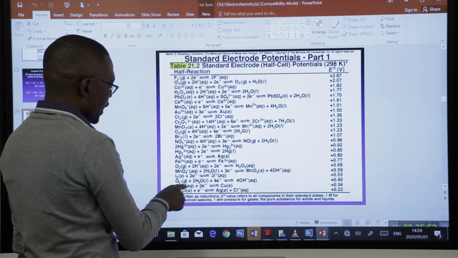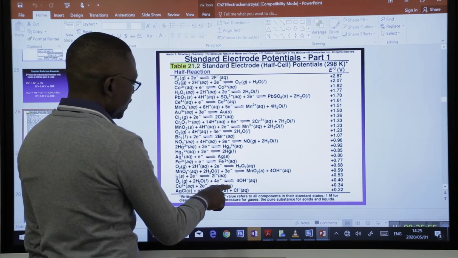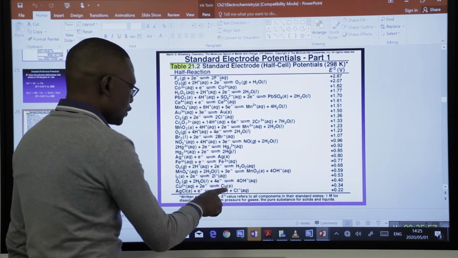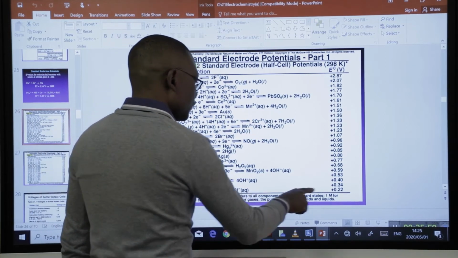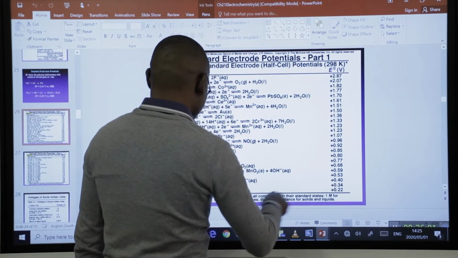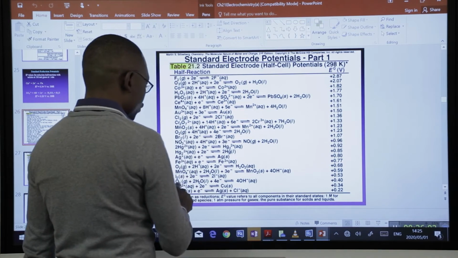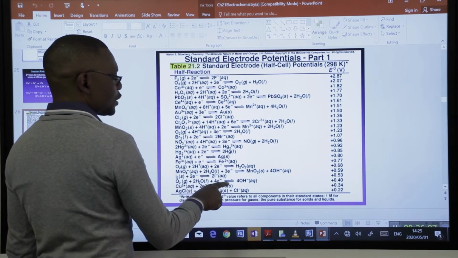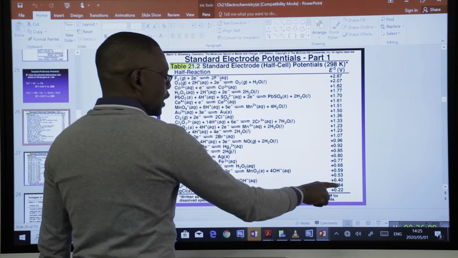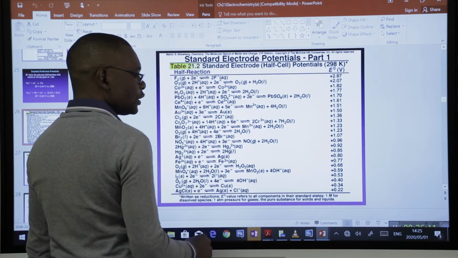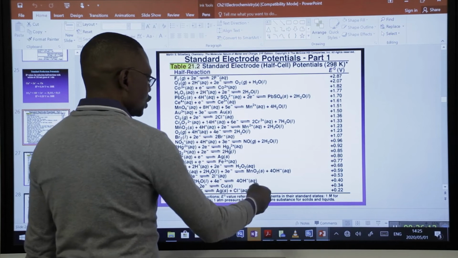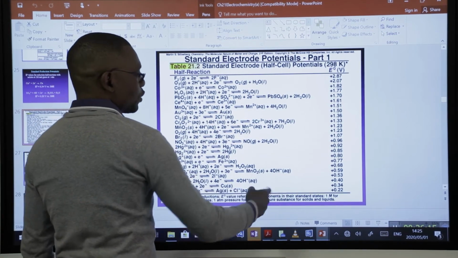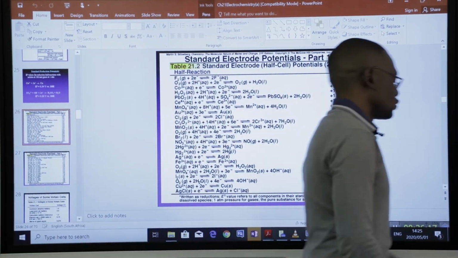Copper 2 plus, aqueous, plus 2 electrons gives us copper solid, and it's plus 0.34, but we are representing the opposite here. So it's going to be minus 0.34.